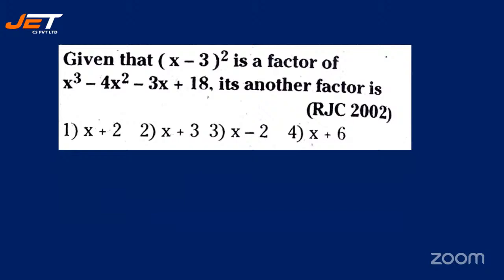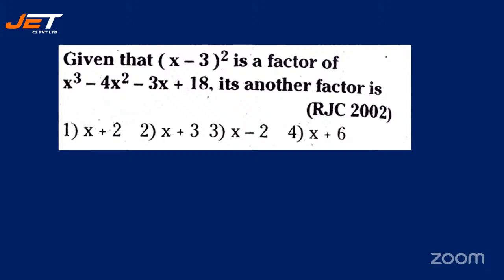Given that x minus 3, the whole square, is a factor of x cube minus 4x square minus 3x plus 18. Another factor is dash. Okay, so hope you would have understood the question.